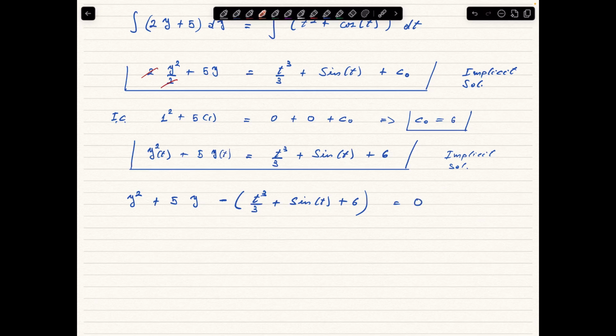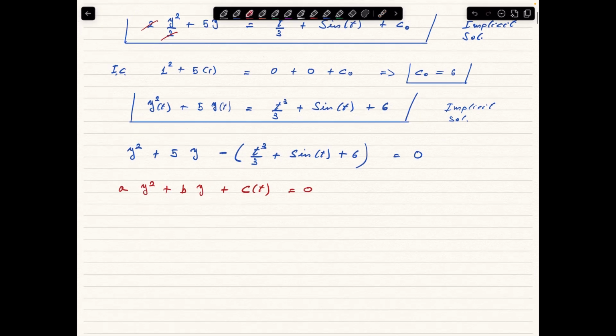Notice that this equation is of the form a times y squared plus b times y plus some c coefficient that in this case depends on time, but is still a coefficient that doesn't depend on y, equals 0. So to find y, what we need to do is find the roots of this quadratic equation in y.